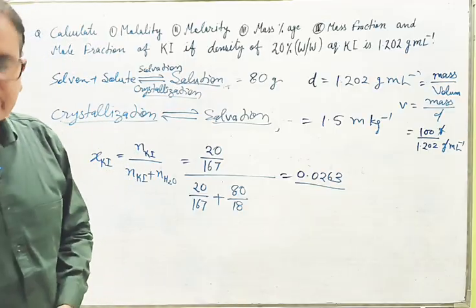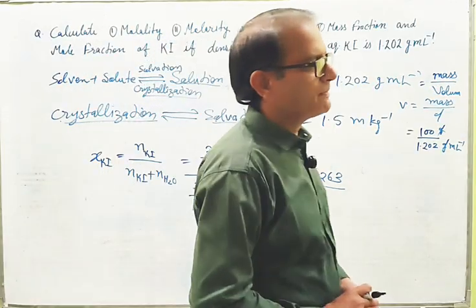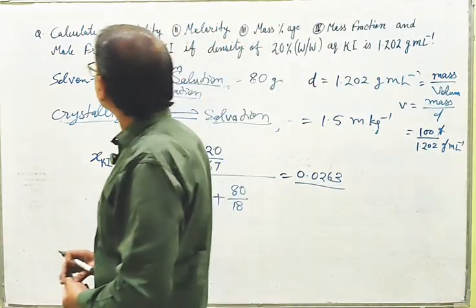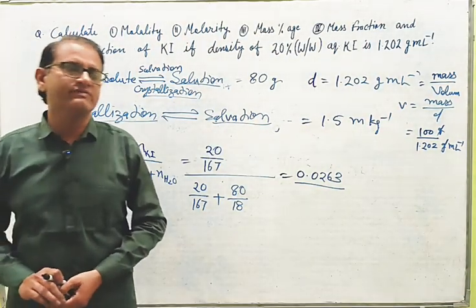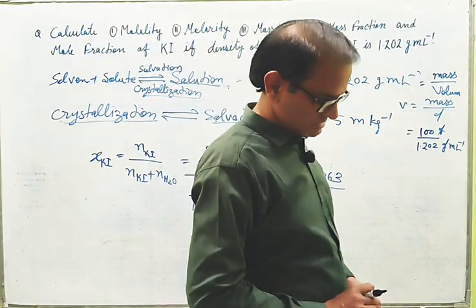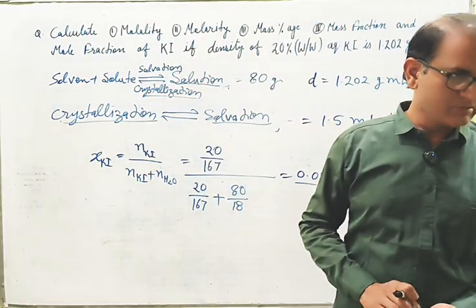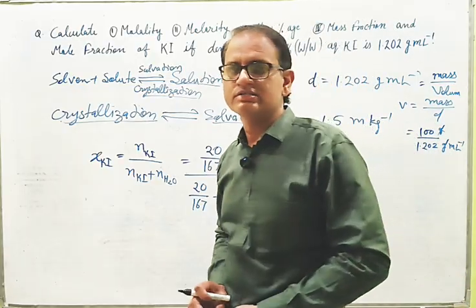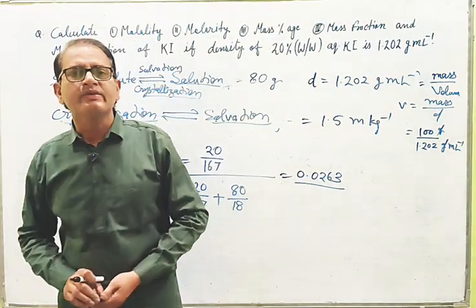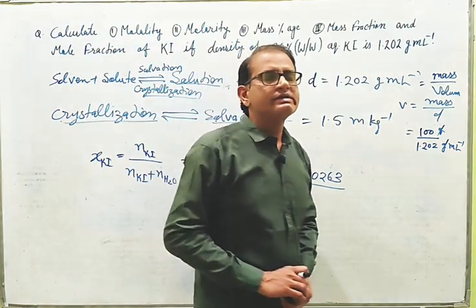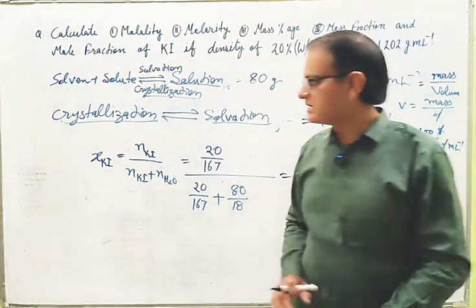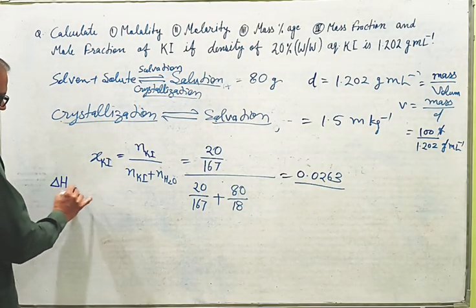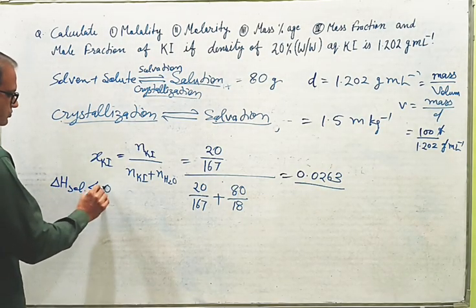Now let us see the effect of temperature and pressure. Principally we will discuss the effect of temperature, because the process of dissolution may be of two types: one is exothermic and another is endothermic. If the process is exothermic, it means the enthalpy of solvation is less than 0.